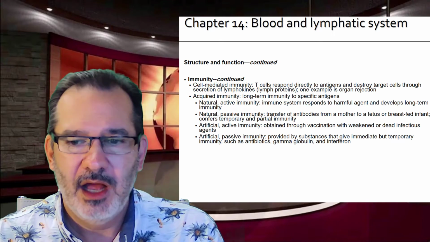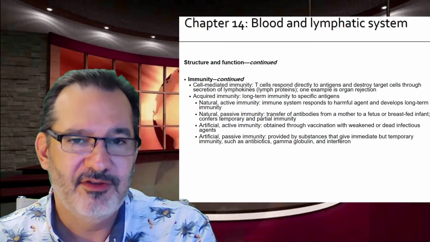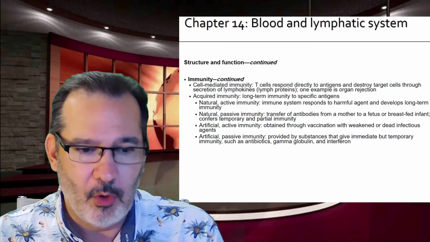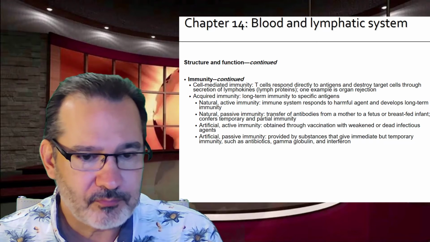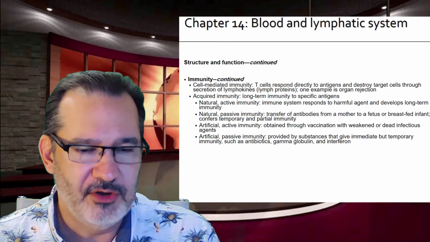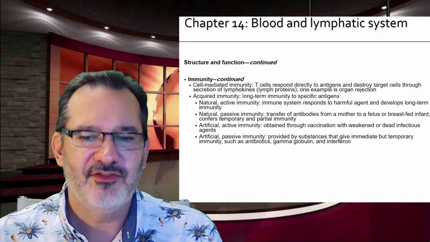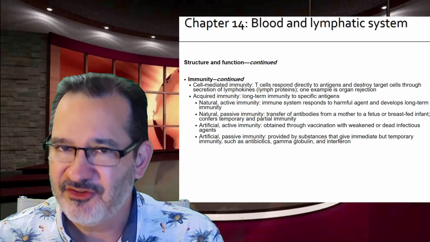Natural passive immunity, transfer of antibodies from mother to fetus or through breastfeeding, which confers temporary or partial immunity, short-term immunity. Artificial active immunity obtained through vaccination with weakened or dead infectious agents.